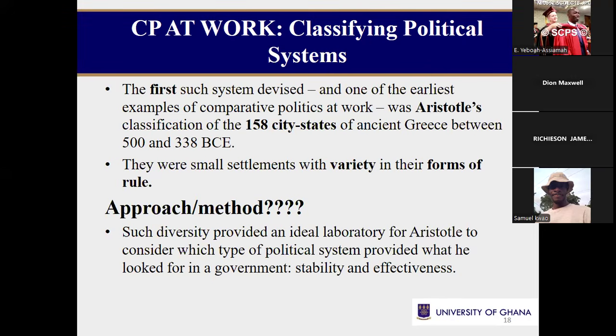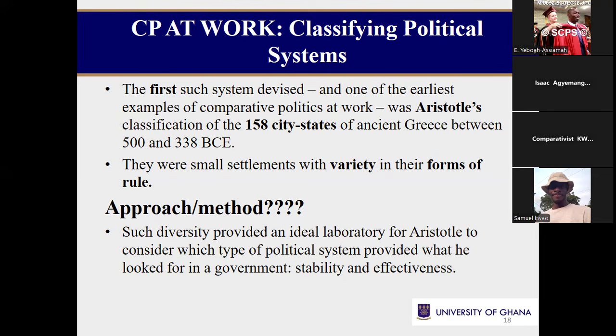Okay. So what did Aristotle seek to find? What did he seek to find in his research or comparison of 158 city-states? Yes, Isaac, please start.